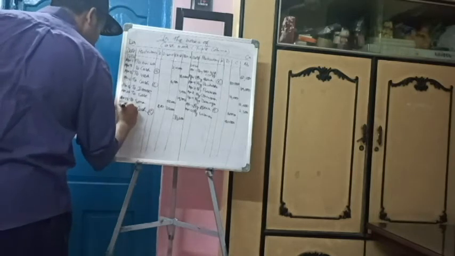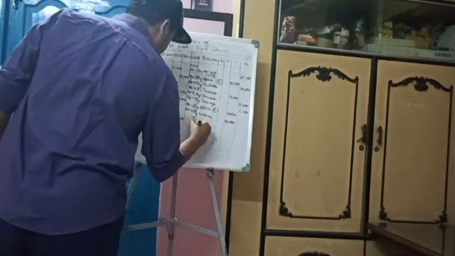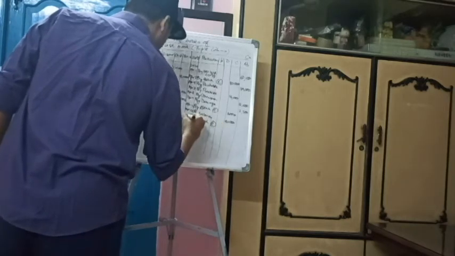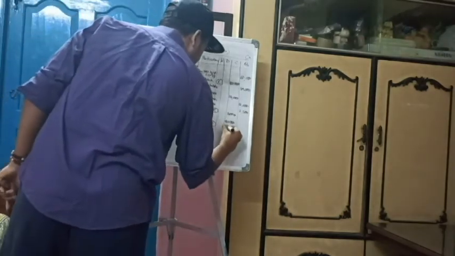Date is April 27, by bank, contra entry, April 27, cash 35,200.